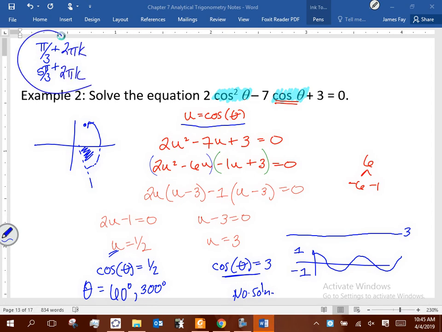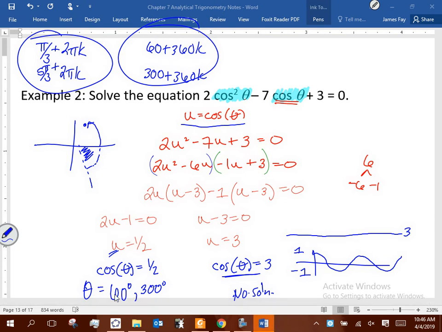Okay, so those are your infinite solutions. 60 plus 360k or 300 plus 360k. Those are your infinite solutions in degrees, right? Okay. I think as we go through these questions, guys, we'll find all the solutions in one interval, 0 to 2 pi, and then also find the infinite solutions. But know on your homework, usually they ask just for one or the other.